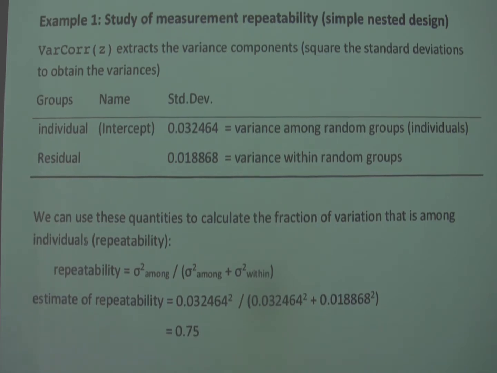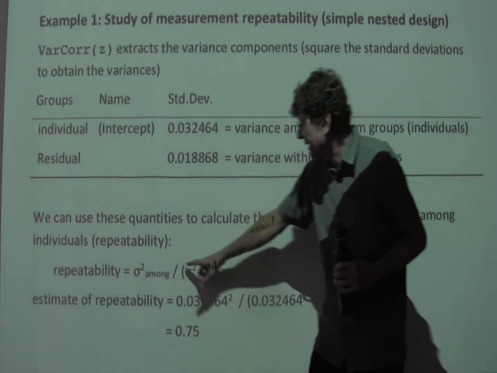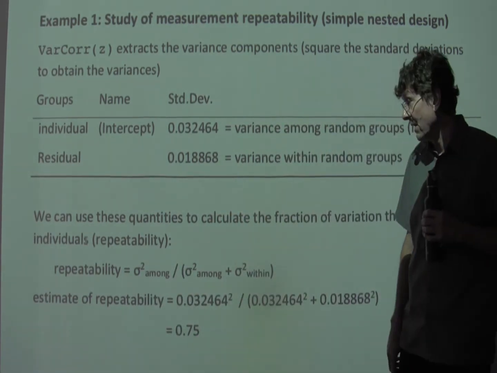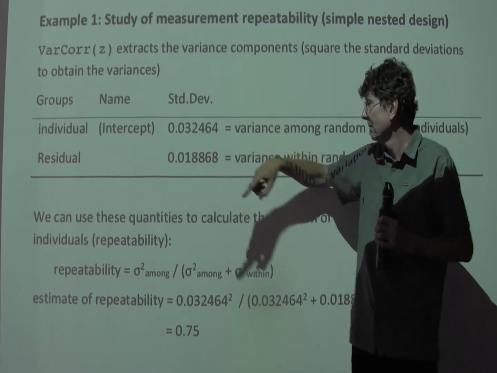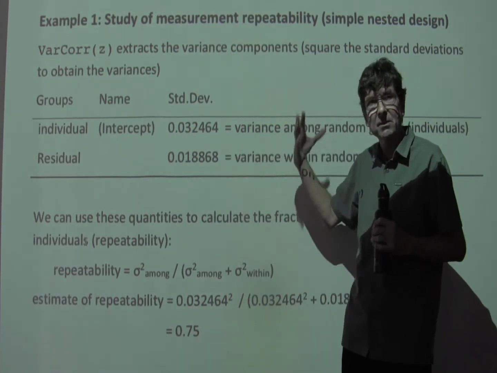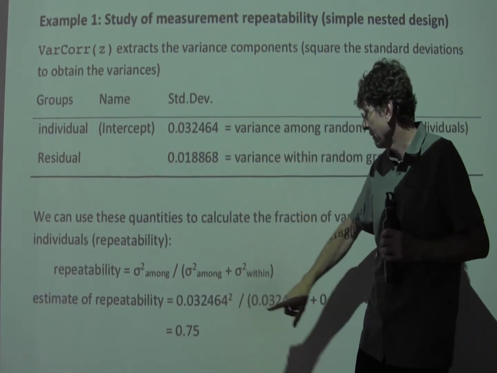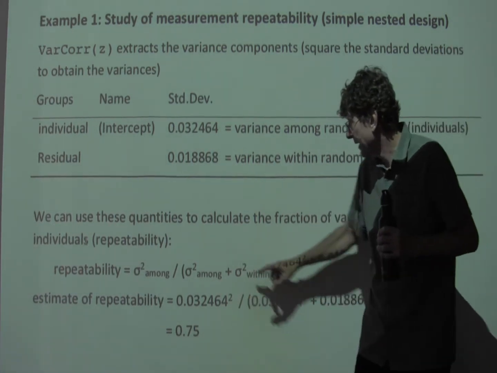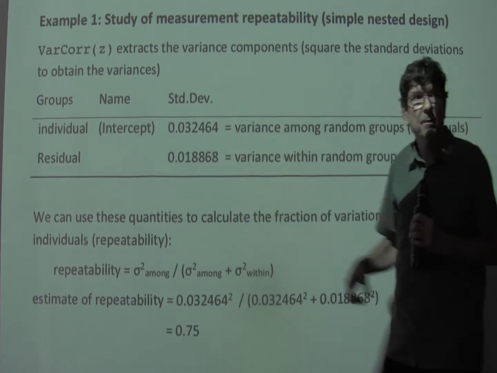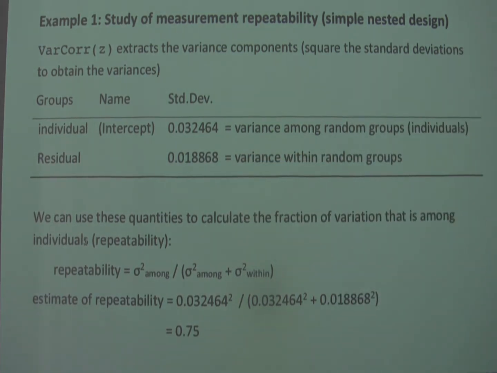The repeatability is the fraction of the variation that's real, the fraction of the variation that's among individuals rather than among measurements. And so it's calculated as the estimated variance component among individuals, which is this here. This is a standard deviation, so you have to square it to get the variance. Over the total variance, which is the sum of those terms.